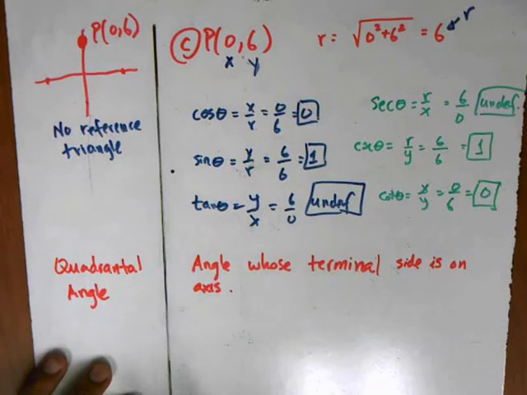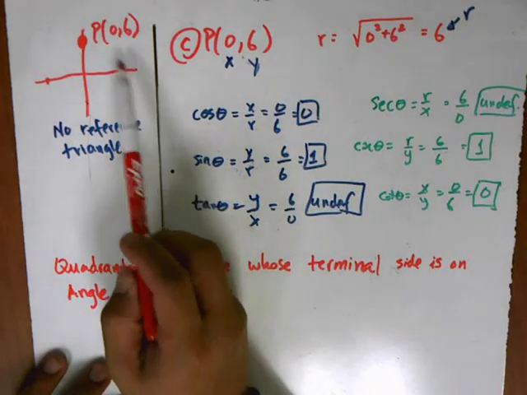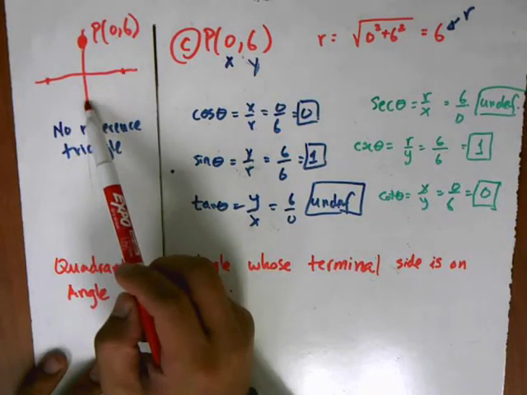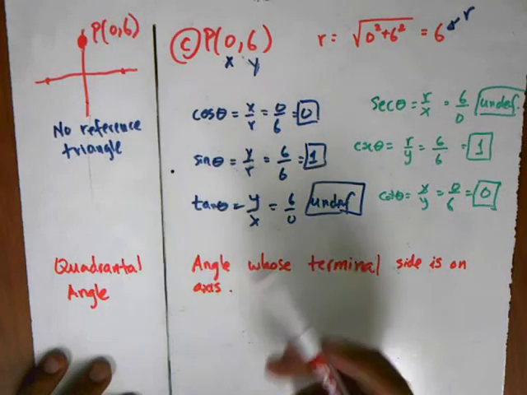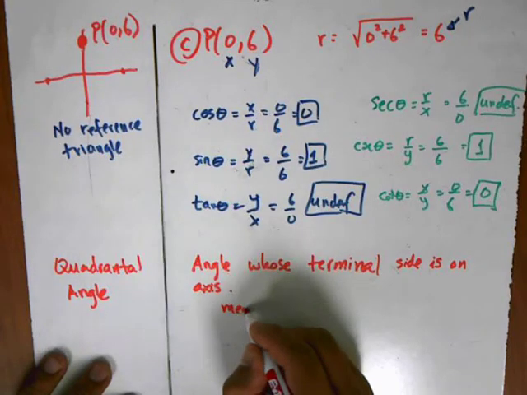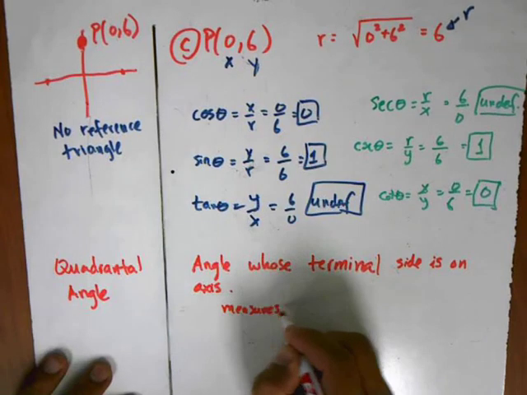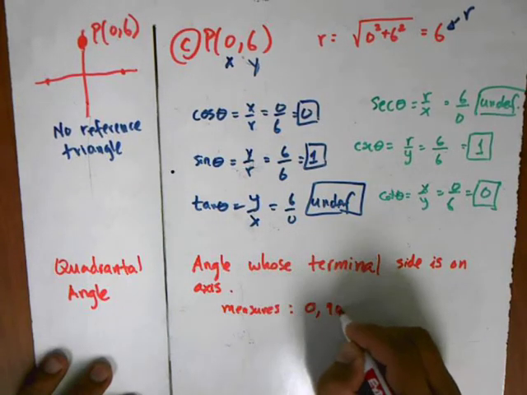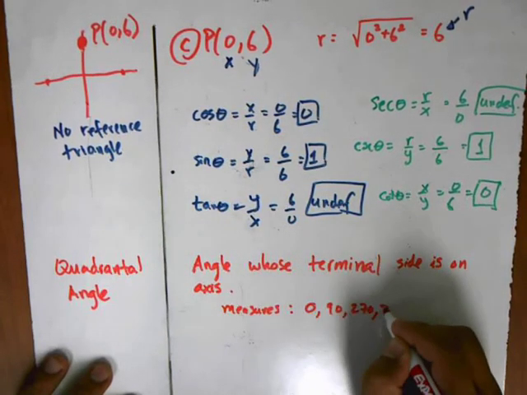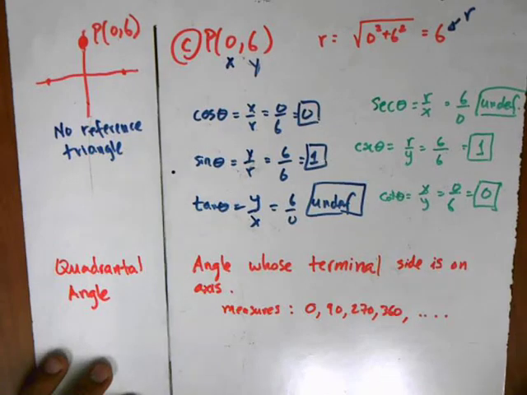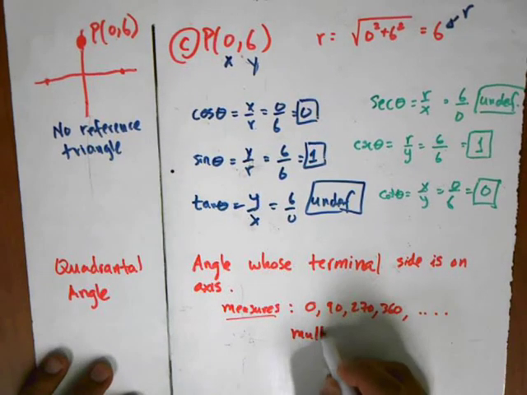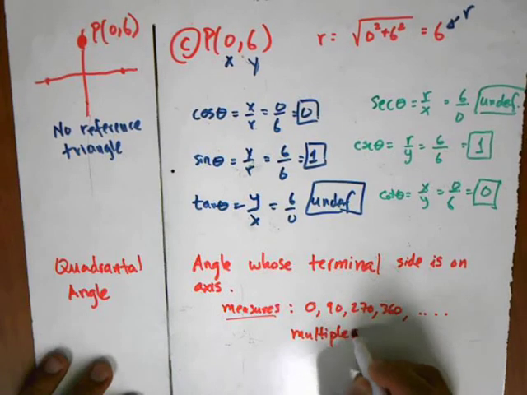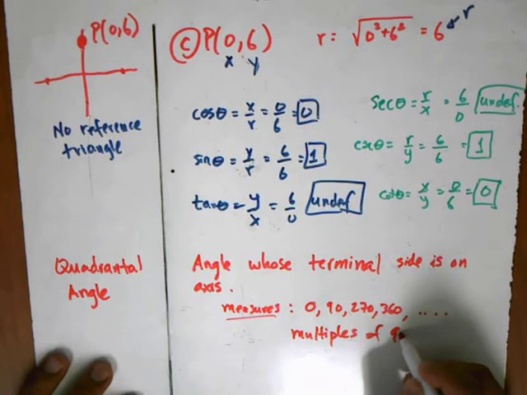And the measure of these angles is either 0, 90, 180, 270, 360, 450, and so on. So the measure of these angles, 0, 90, 270, 360, and onwards forever. And one thing we can say, to shorten this up, is that it's multiples of 90 degrees.